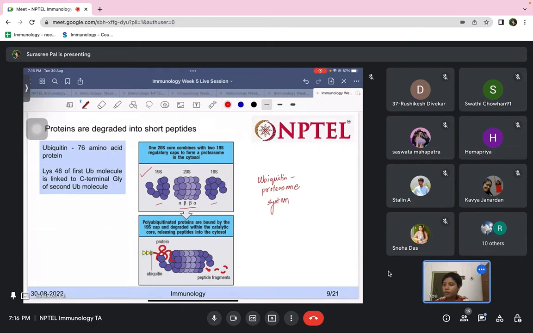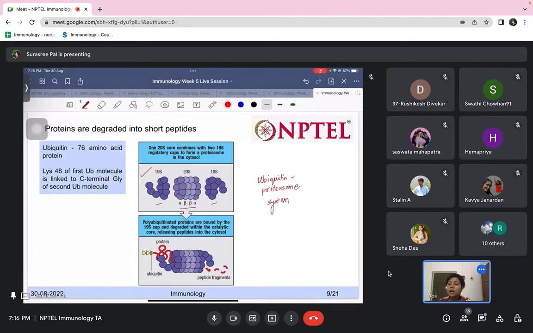And what it does is that for any protein to be degraded, the protein has to be ubiquitinated. What is ubiquitination? It's nothing but addition of ubiquitin, which is a 76 amino acid protein.